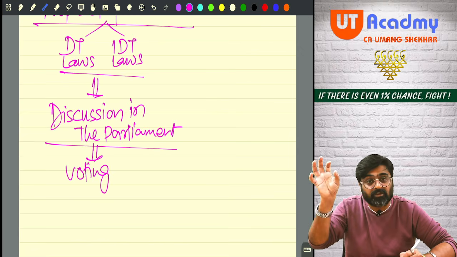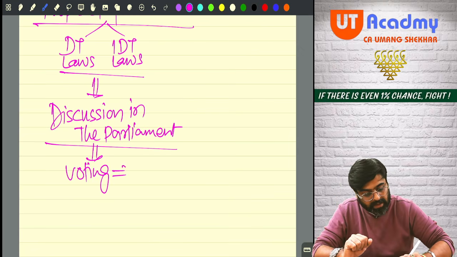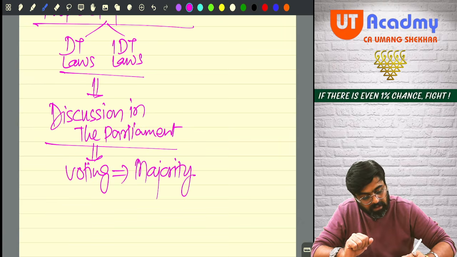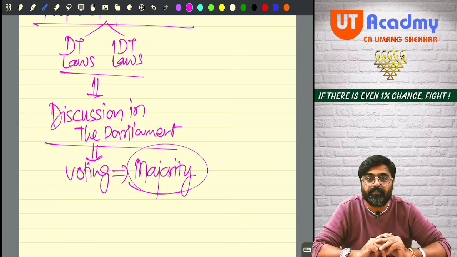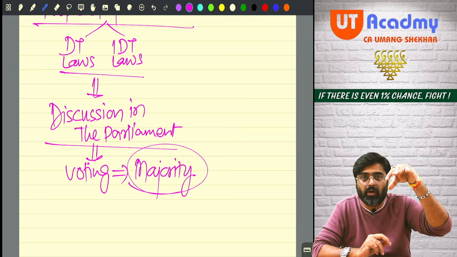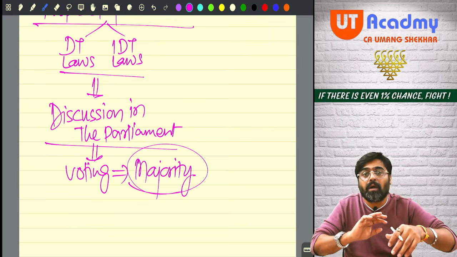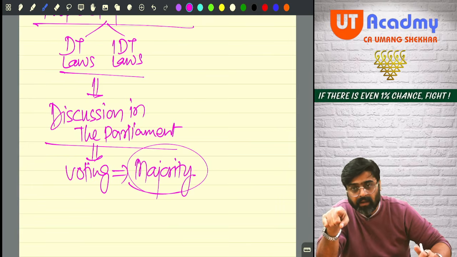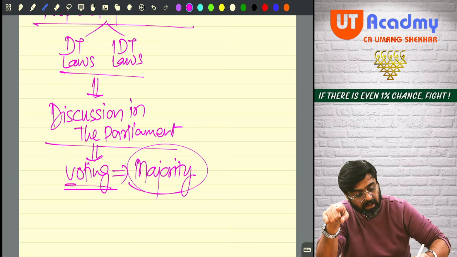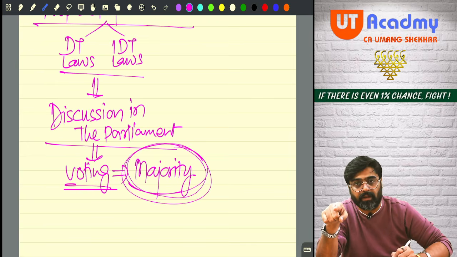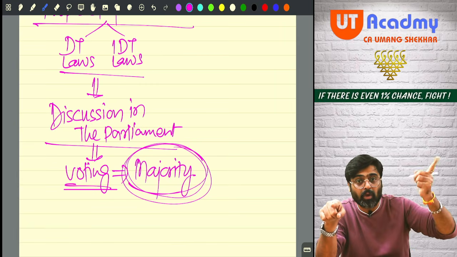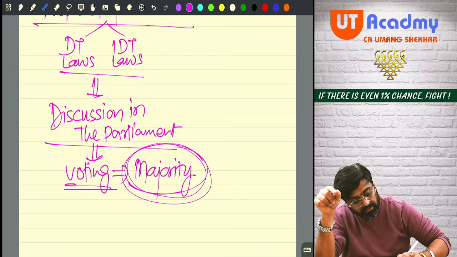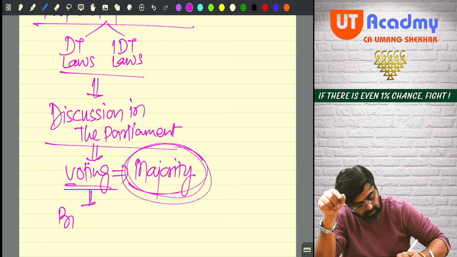Voting on the finance bill will be done. And if the bill is passed by majority, majority of the votes are cast in the favor of the bill, okay, then on voting, if the bill gets a majority voting in both the houses of parliament, upper house, lower house, both the houses, then the bill is passed.